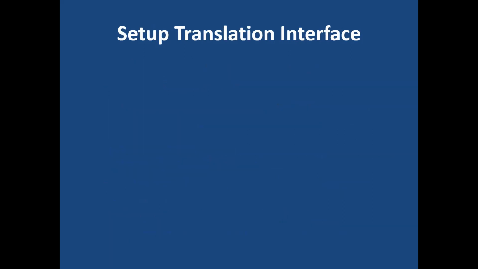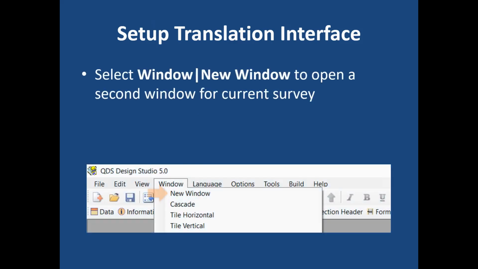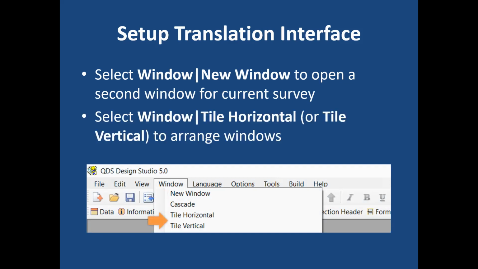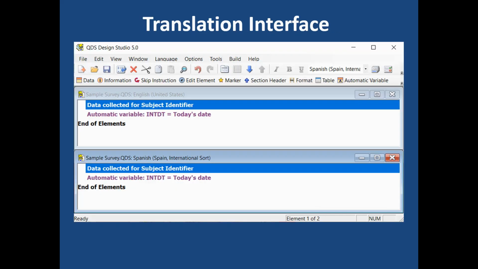To get started entering or copying in translations, you can set up an interface to make this process easier. Select Window, New Window to open a second window for the current survey, then select Window, Tile Horizontal or Tile Vertical to arrange windows so that you can see both at the same time.